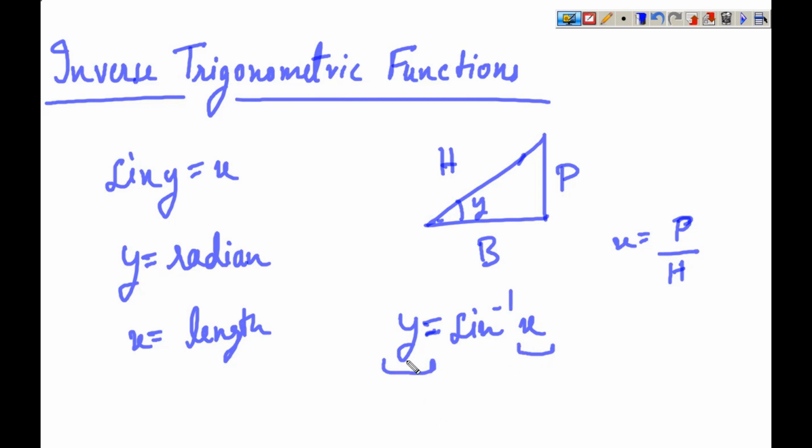So it's the opposite of the normal trigonometric functions we are accustomed to. This is what an inverse trigonometric function is: we get the angle after inputting the length. So let's try to solve a question based on this.